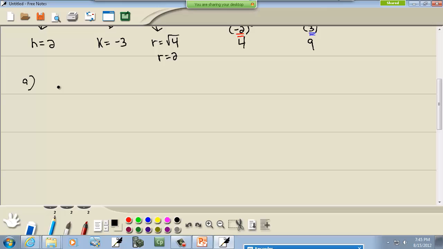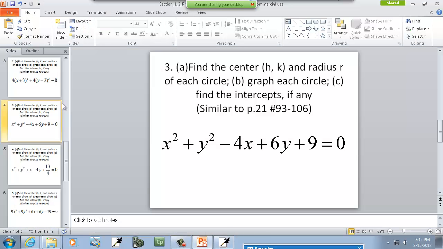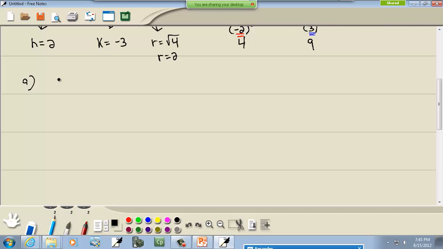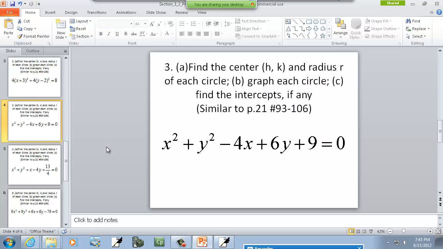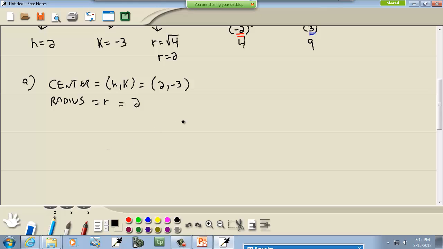So remember part A. What was part A? Find the center. Okay. So center is H, K, which we said H was 2 and K is negative 3. And our radius is R, which was 2. Part B, graph it.